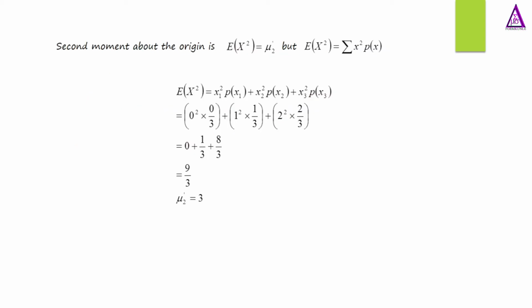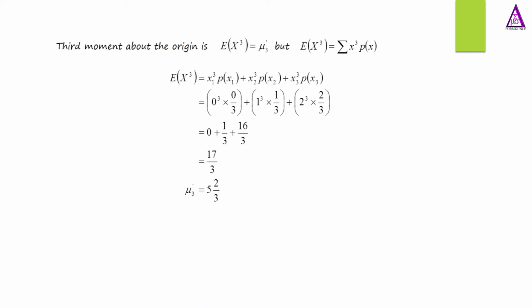The second moment about the origin is the expected value of x raised to power 2, which is equal to 0 squared times 0 divided by 3 plus 1 squared times 1/3 plus 2 squared times 2/3. That gives us 0 plus 1/3 plus 8/3, and the second moment about the origin gives us 3.